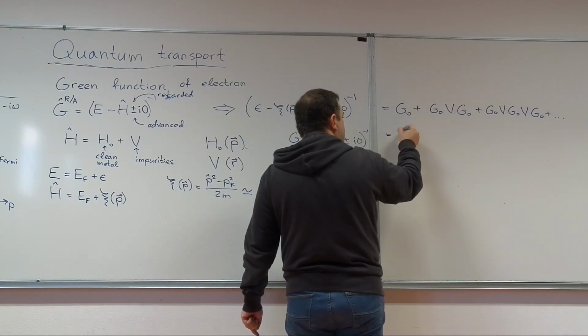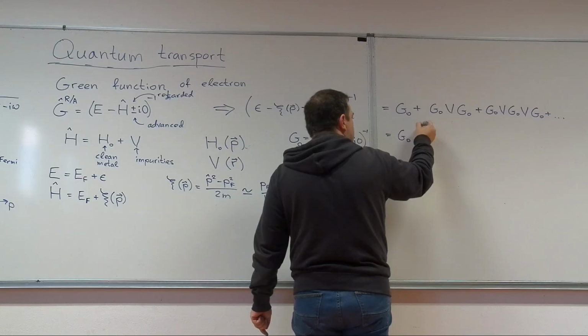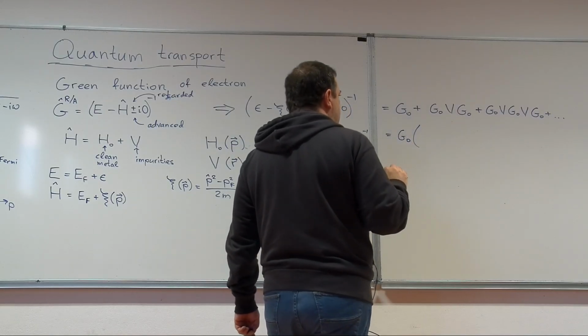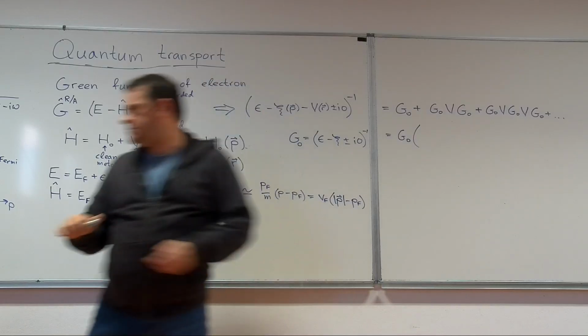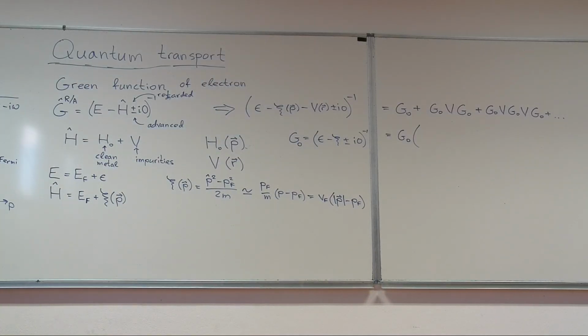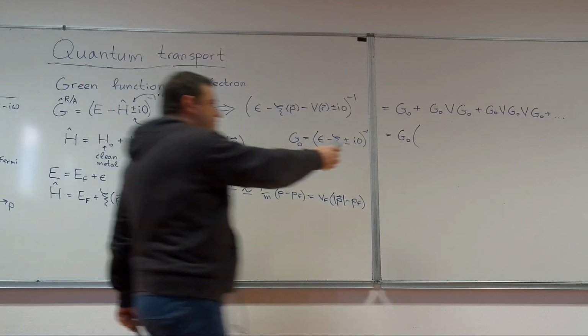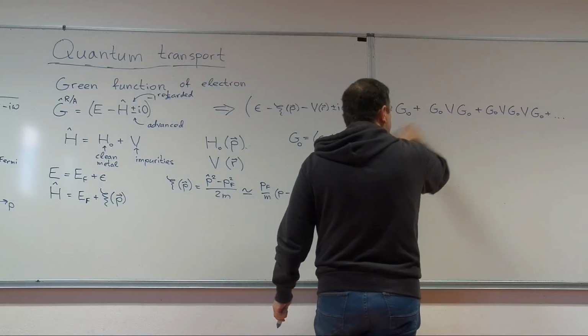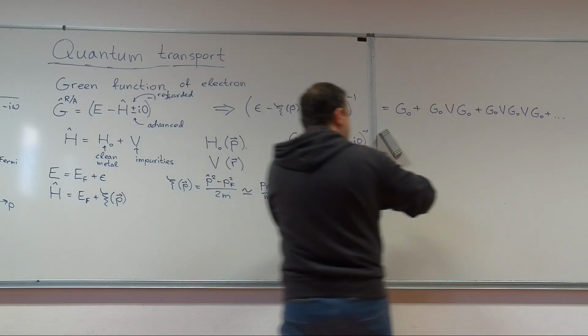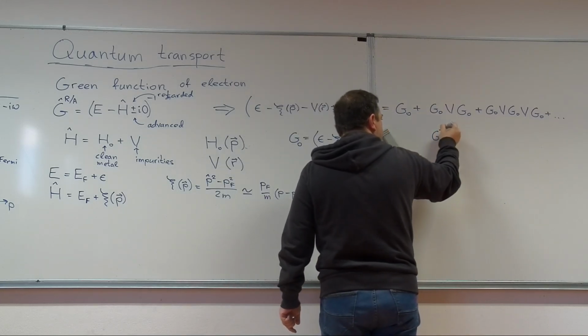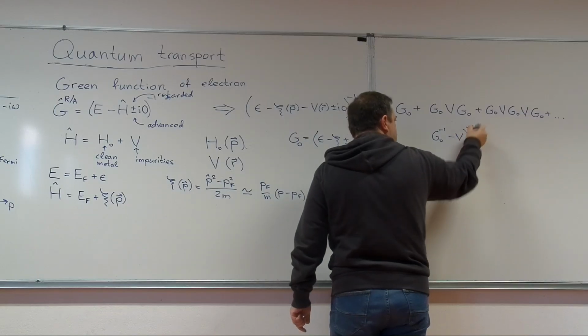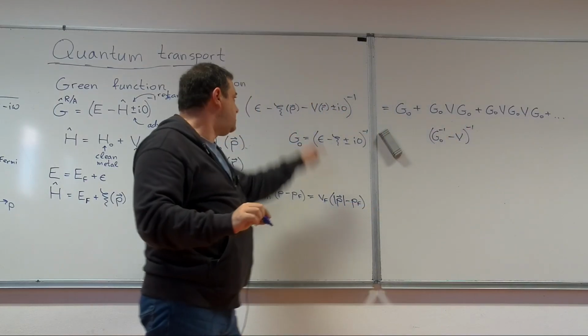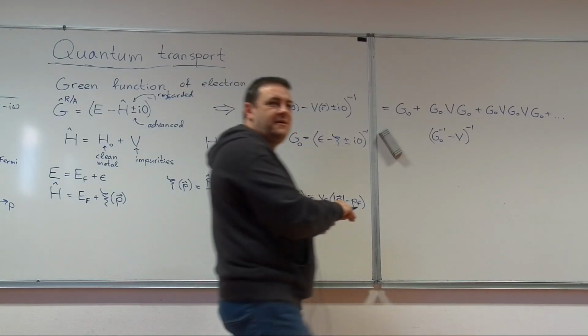It's the sum of a geometric series, and the sum of it is (G0 inverse minus V) inverse once again, which is exactly this thing.